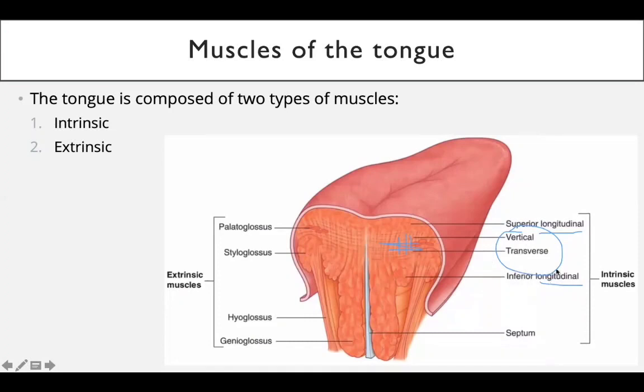Above and below were longitudinal, superior above and inferior below. So these were intrinsic muscles, and then in extrinsic muscles, there was palatoglossus at the top. Then there was the S shape, that side styloglossus. Then outer to that was hyoglossus, and inner to that was genioglossus. Okay, so I have cleared this one.